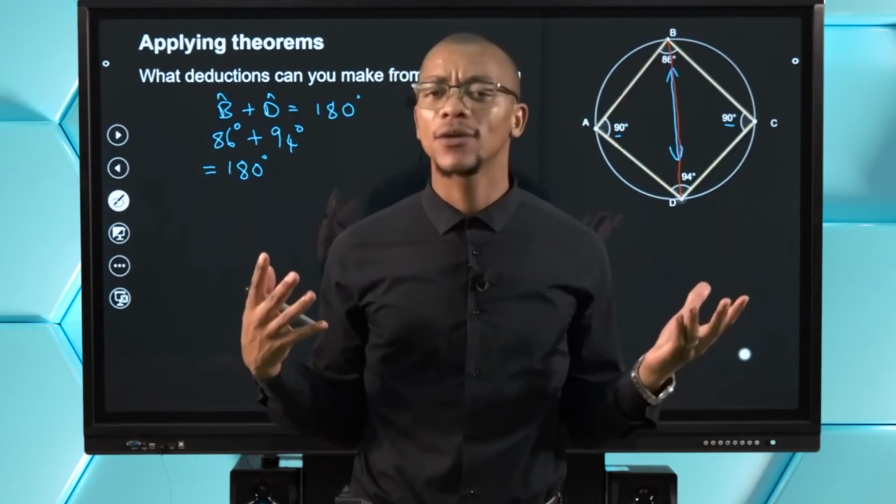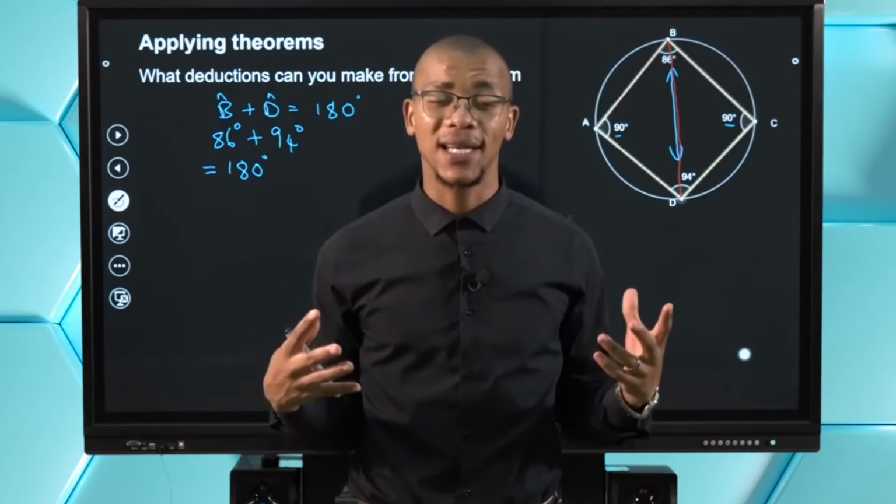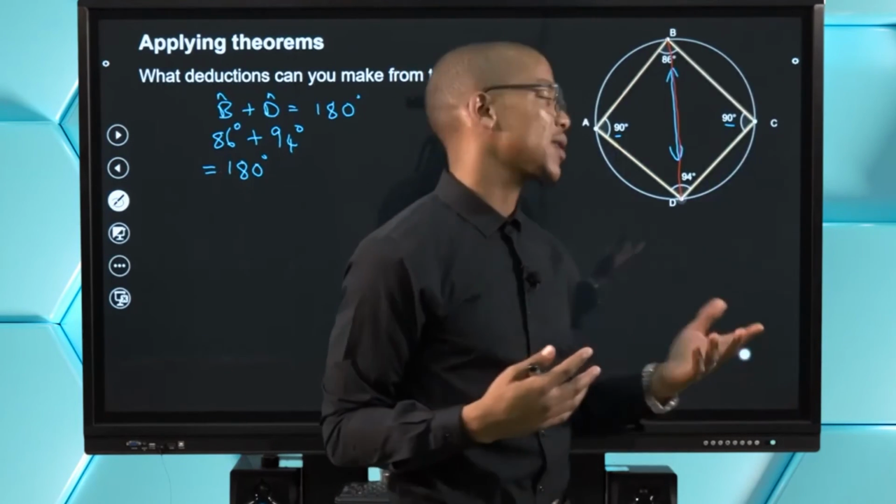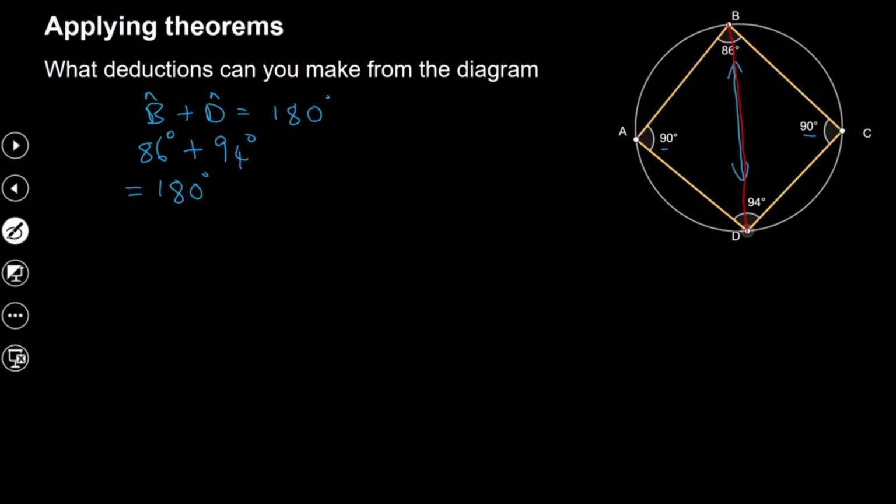So that's one of the things that you need to be thinking about. That's one of the deductions that I'm going to draw from this. Let's see exactly what I mean. I will say BD is a diameter, or rather let me write it in full, diameter.